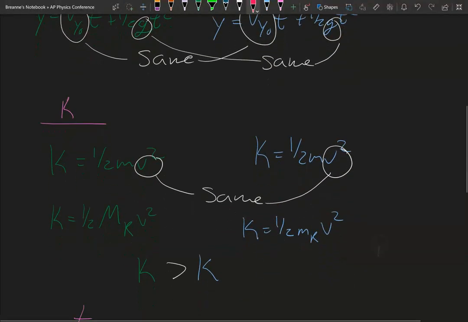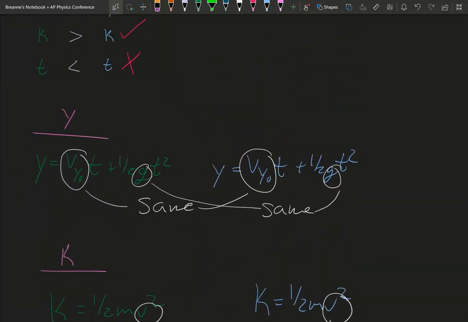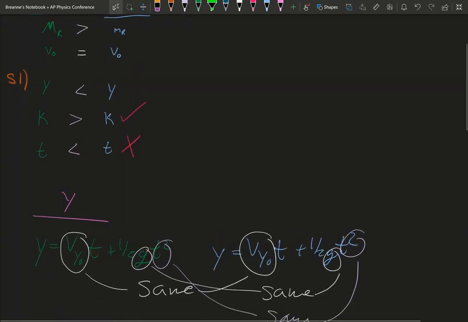So now that we know that time is the same, if we go back up here, we now know that time is the same. So guess what that means for your height? It's the same. So again, saying that your height will be less is wrong. So student 1, the only correct statement they made is dealing with kinetic energy. Their height explanation and their time explanation is wrong.